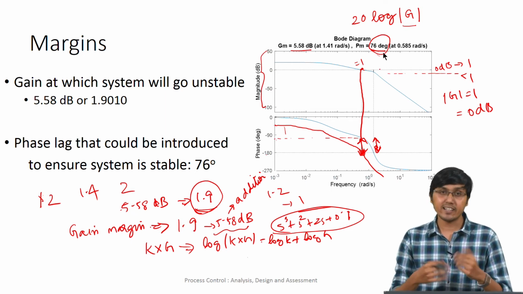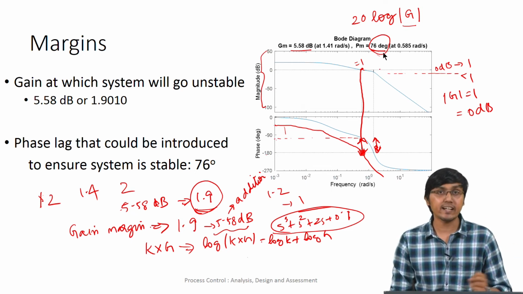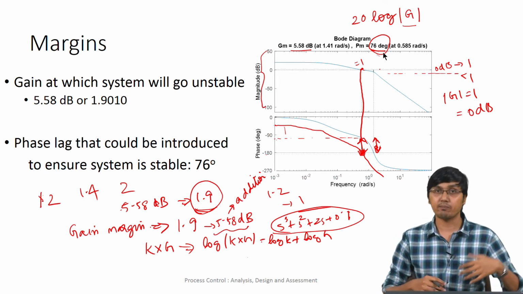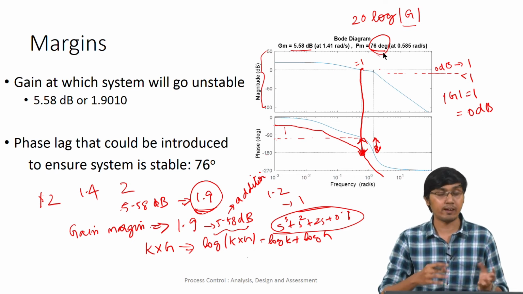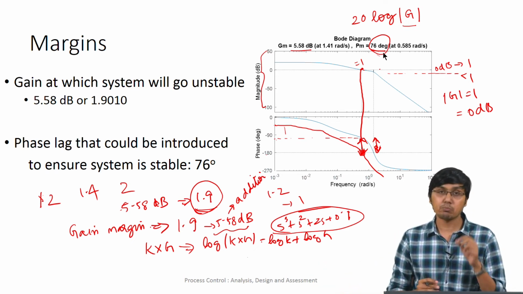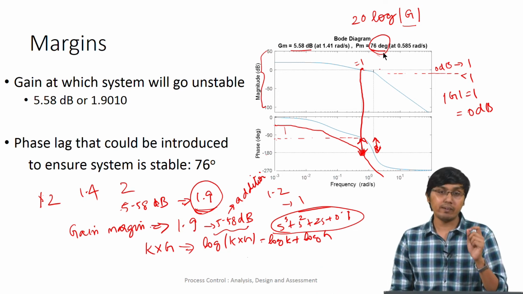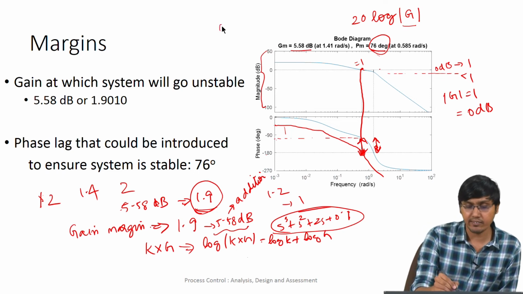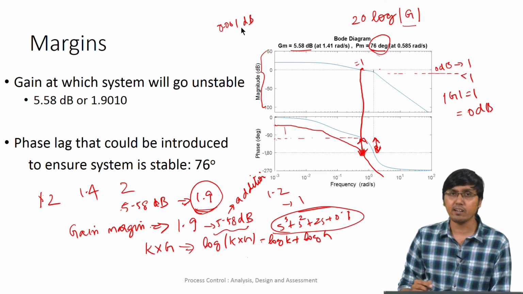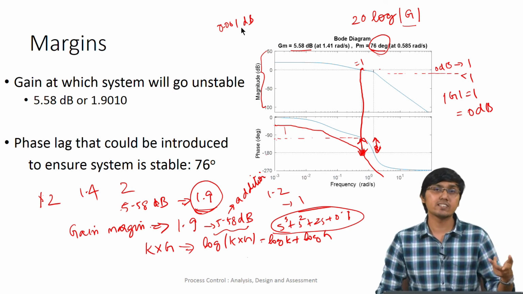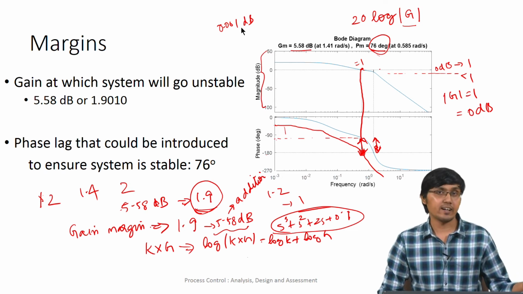As you can clearly see, a higher gain margin and a higher phase margin tell me that I am safe, because I can multiply by a big number and I am still stable. I can introduce a big phase lag and I am still stable. But a smaller gain margin means that, for example, if I have a gain margin of a very small value, say 0.001 dB, then even a small mistake in modeling or even a small change in the gain of the system is going to push it to instability.